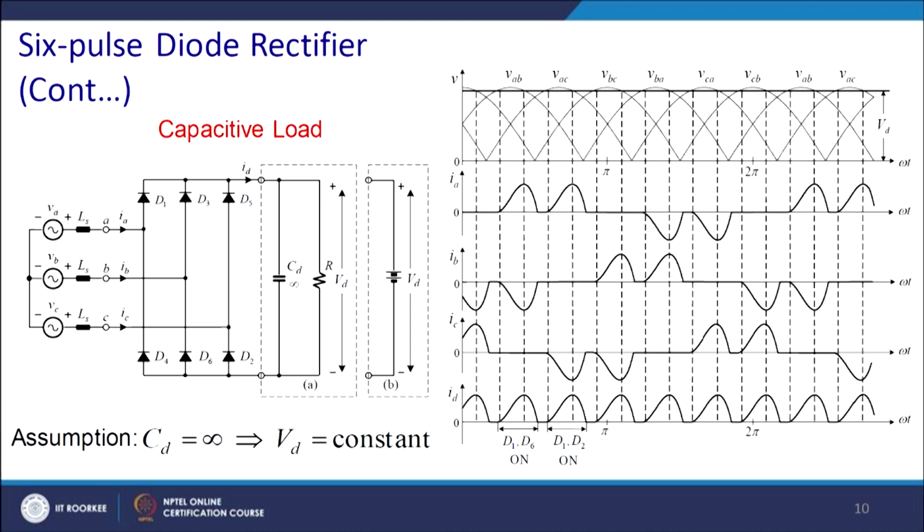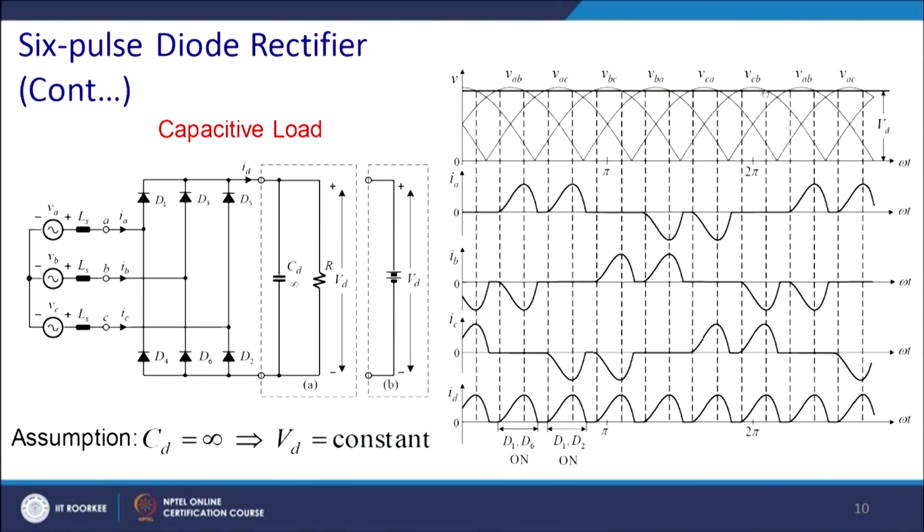And these things change drastically when you have an RC load. Assume that this value is VD. Current will conduct once the most positive phase is more than VDC or VD.